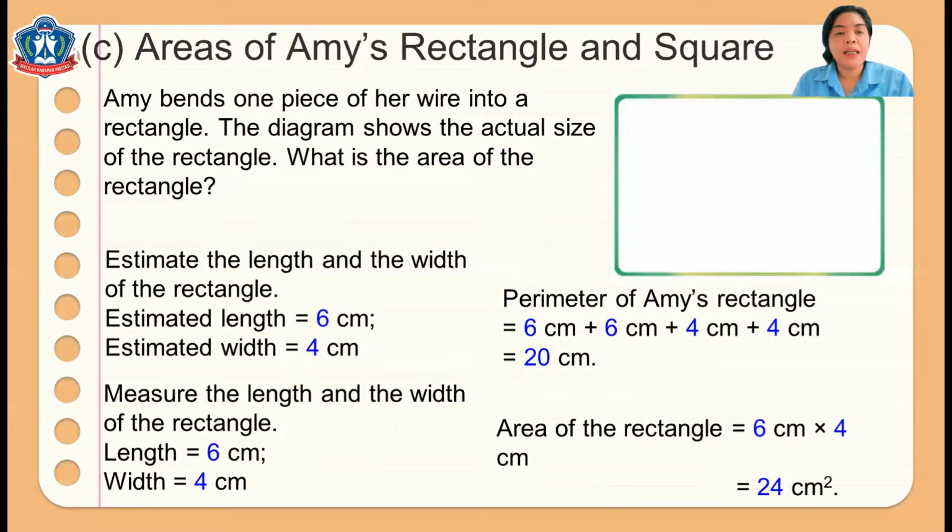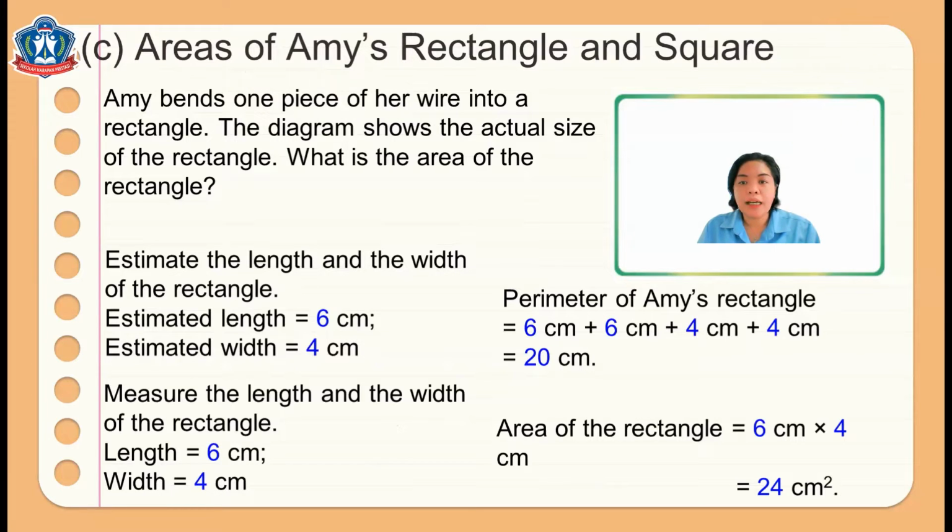Another, let's study about Amy's rectangle and square. Amy bends one piece of her wire into a rectangle, this one. This diagram shows the actual size of the rectangle. So what is the area of this rectangle? The estimated length is 6 centimeters and the estimated width is 4 centimeters.